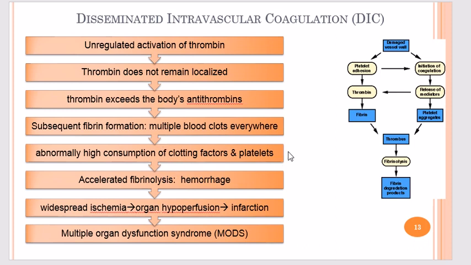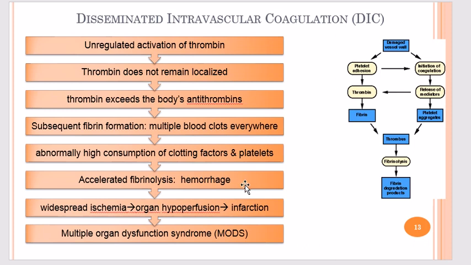And so because we use up all that we have, a person can experience accelerated fibrinolysis, which ends up leading to hemorrhage. And we can't stop this hemorrhage like we normally would because we've overconsumed our clotting factors and platelets.